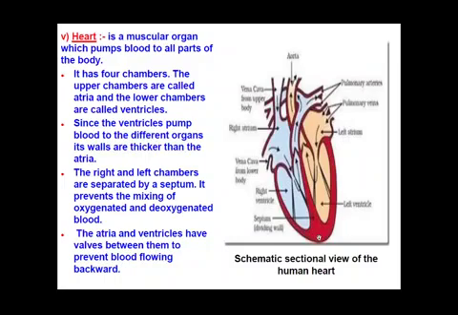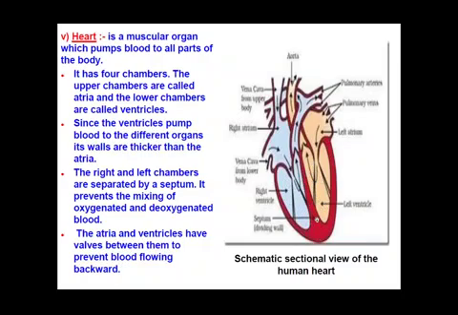So what is the work of this septum? This septum helps in non-intermixing of the pure and impure blood. As we all know, the heart pumps out pure blood and then the impure blood from our body is brought back to the heart. So whatever pure and impure blood is present, that is present on the left side as well as on the right side.